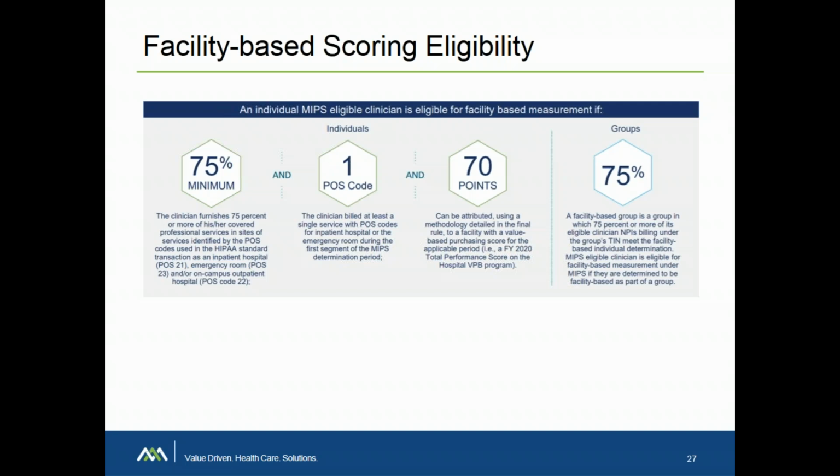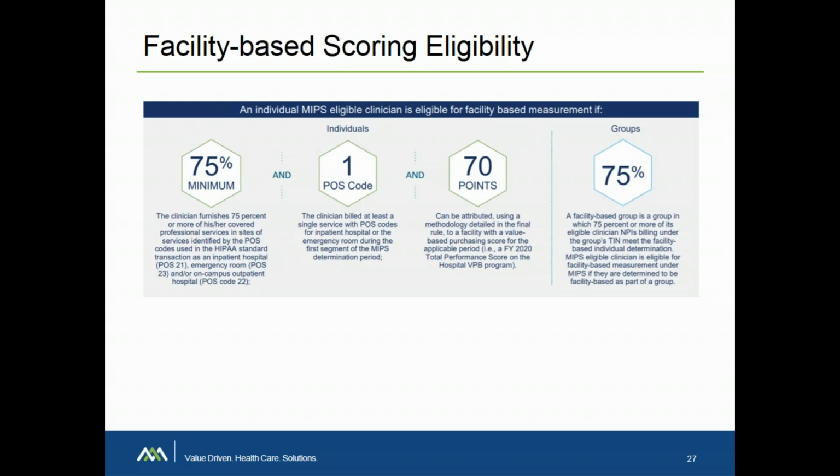They also have to have at least one service line with one of those place of service codes during the first segment of the MIPS determination period. So for instance, maybe they came into a new hospital later, only during the second determination period, then they wouldn't necessarily fall into this category.